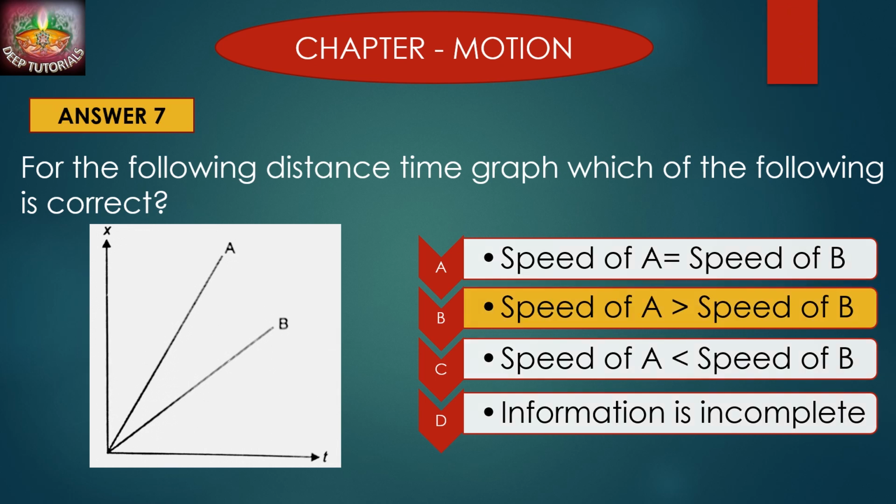The correct answer for question number 7 is option B. Speed of A is greater than speed of B.